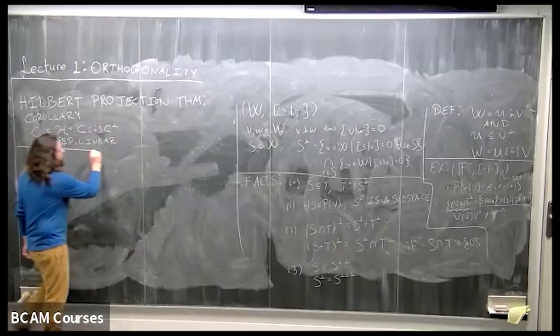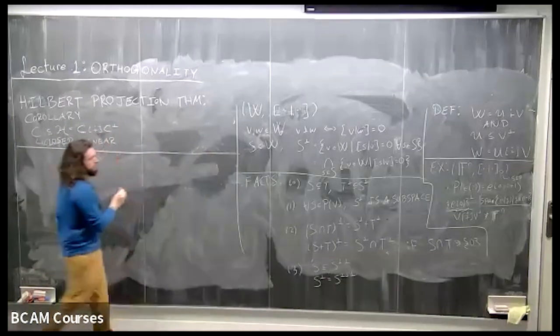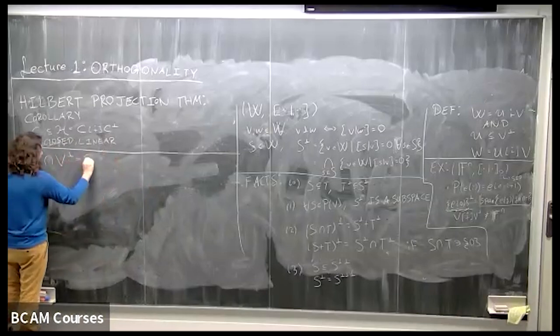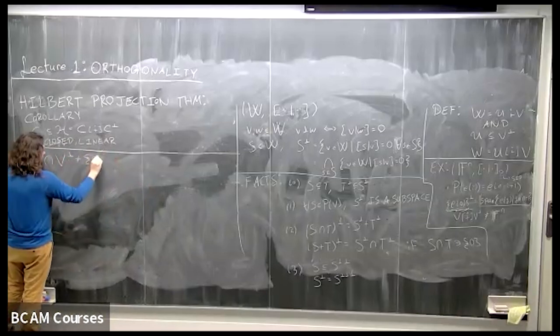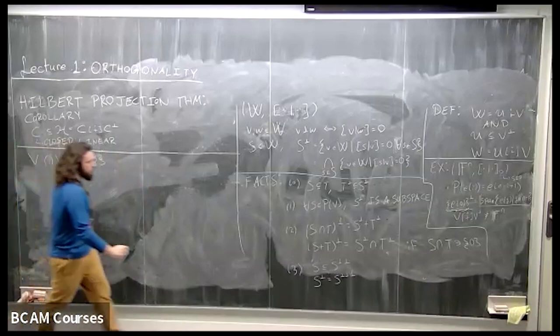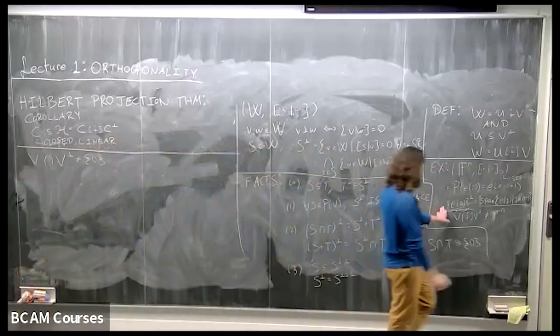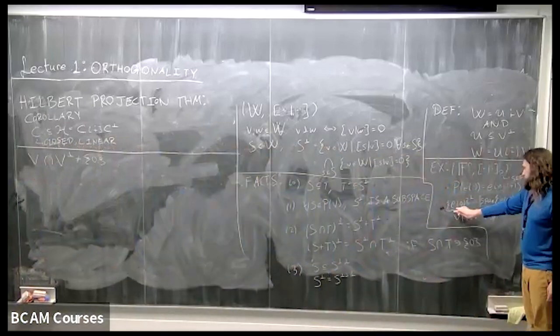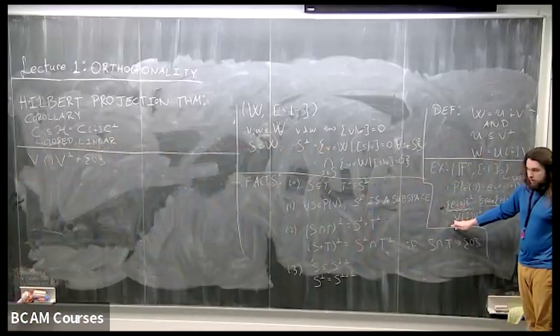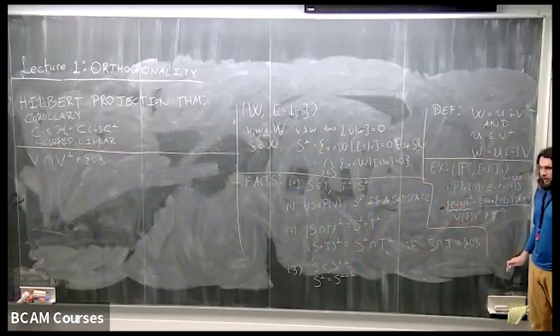So the answer to what went wrong is that this vector space has a non-trivial intersection with its orthogonal companion. If we look here in our example, the basis vector e_0 lives in both this subspace and its orthogonal companion.